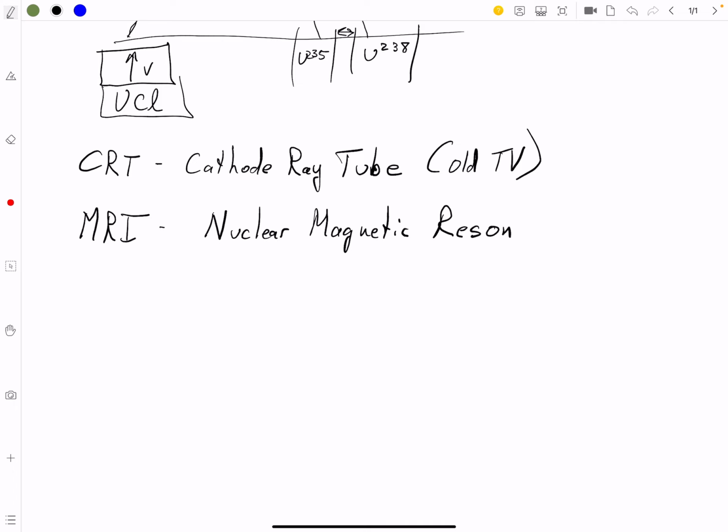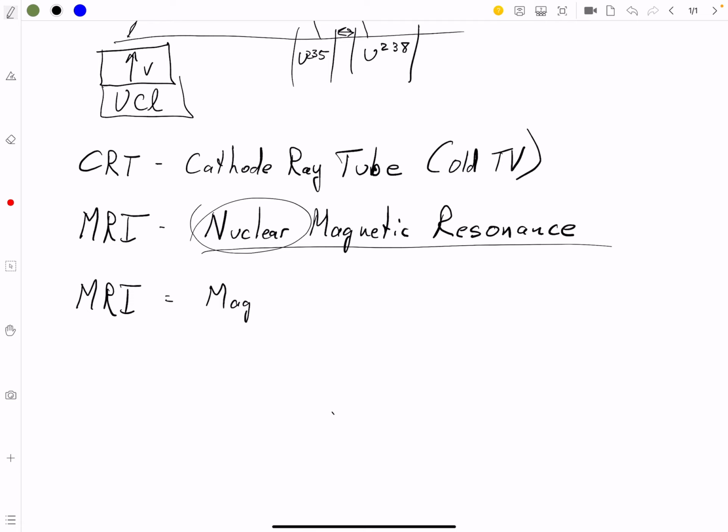But here's the thing. The nuclear magnetic resonance doesn't jive with people. Nobody wants nuclears in them. And believe it or not, you have billions and billions of nuclears inside you. So they changed it to MRI, which is magnetic resonance imaging.